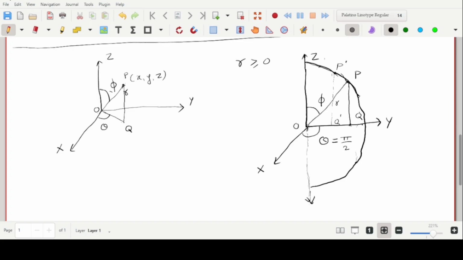So for all these points, the distance from the origin to the point is r and theta is equal to pi over 2.